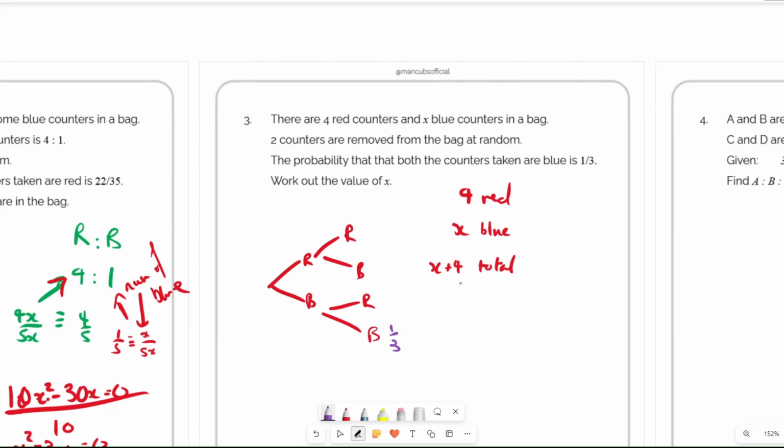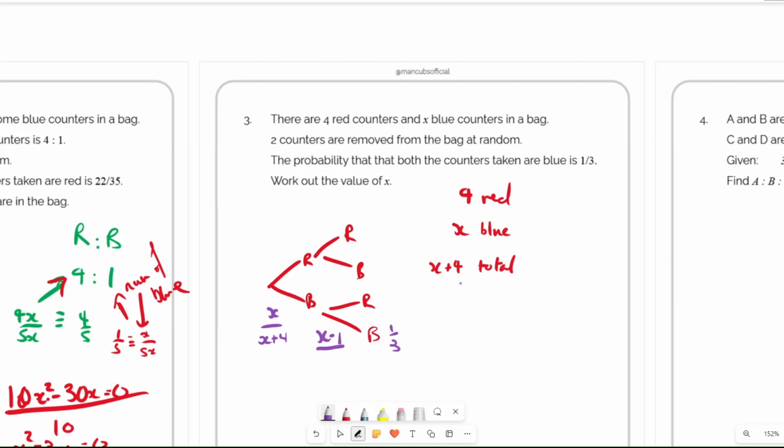Now let's look at the probability for each step of this problem, shall we say. So when you're taking the blue counter first, it's going to be the number of blue counters over the total, so it's going to be x over x plus 4. But then, as the previous questions say, we don't replace it. It has nothing about replacing the counters, so we're going to be subtracting 1 from the total.